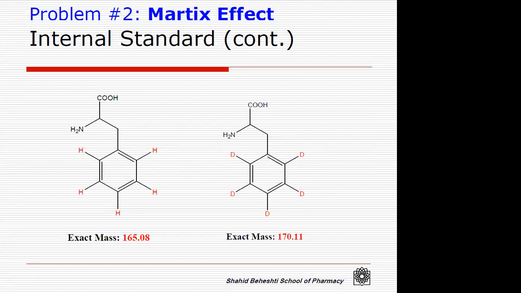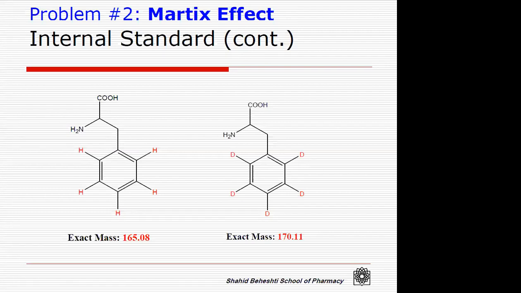Their solubilities are the same, but the only difference is their molecular weight, because phenylalanine has a molecular weight of 165, and when you replace all the hydrogens with deuterium, you will have a phenylalanine which has the same physical and chemical properties, but its weight is different.